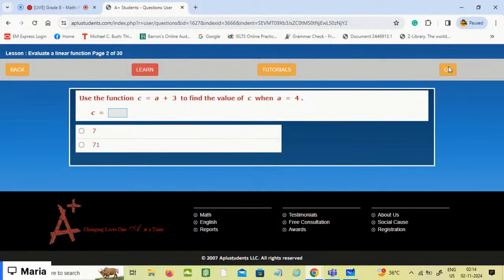You need to replace a with 4, right? So the correct option is 4 plus 3 equals, that is 7. Option number 1 is the correct option.